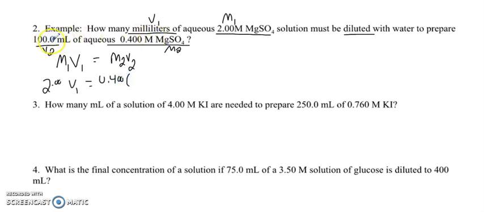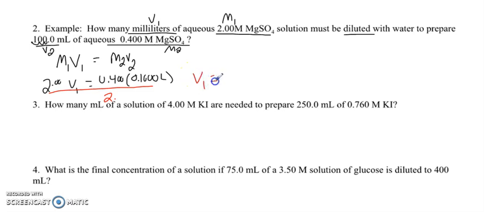Now we want to make sure we keep this in liters technically. Here it would cancel itself out because we're actually solving for milliliters, but let's just practice some good scientific accuracy. So 100 milliliters, that's 0.1 liters, so 0.1000 liters. So I need to isolate and solve for V1, so I'm going to divide each side by 2.